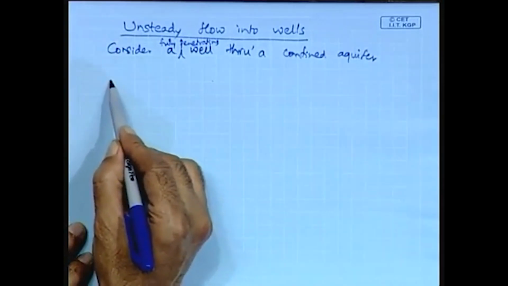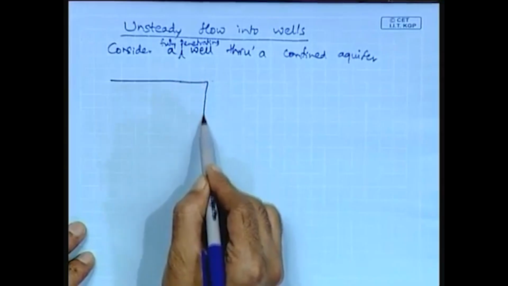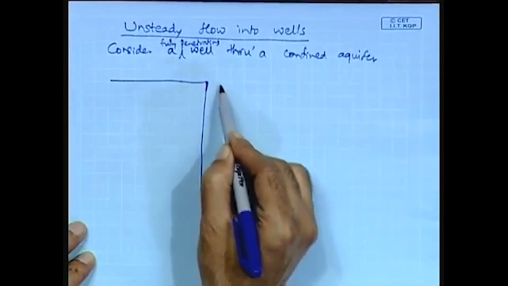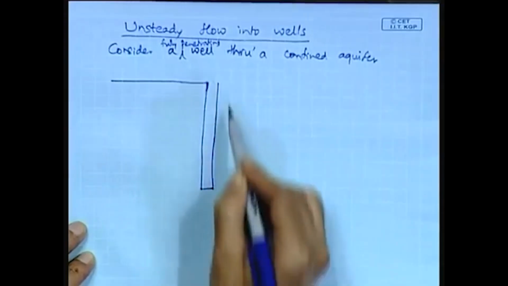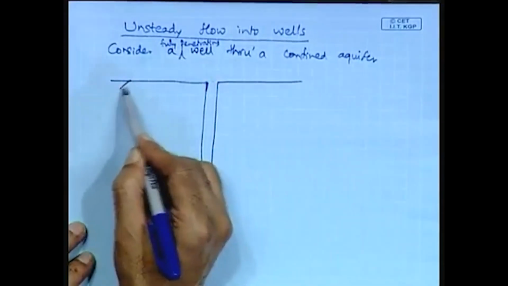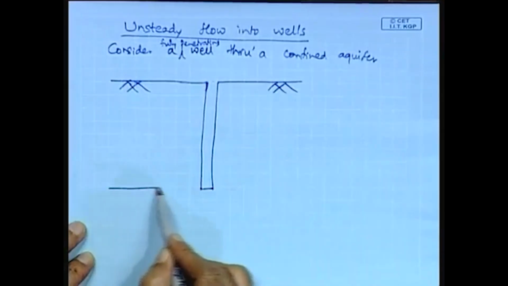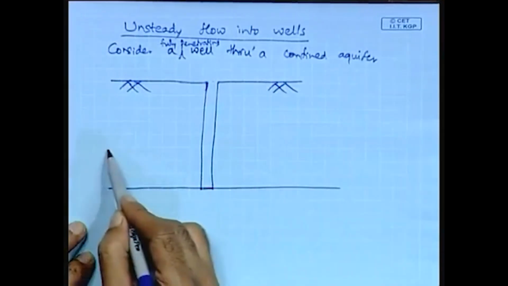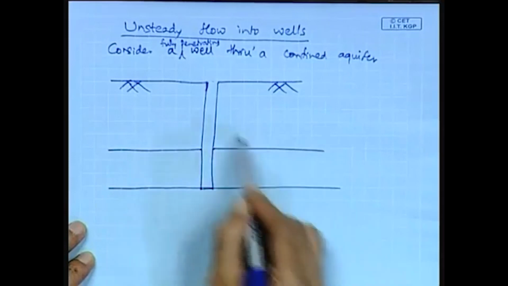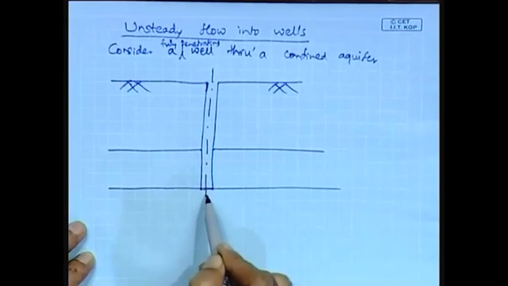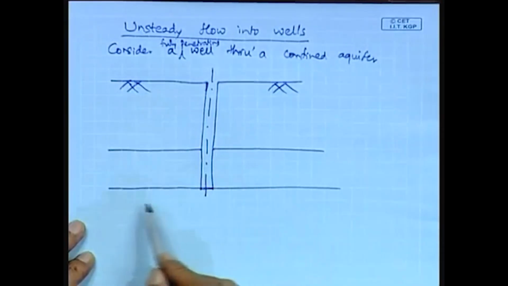So, let us draw the diagram. So, this is the ground level, and this is the confined aquifer, and this is the well.